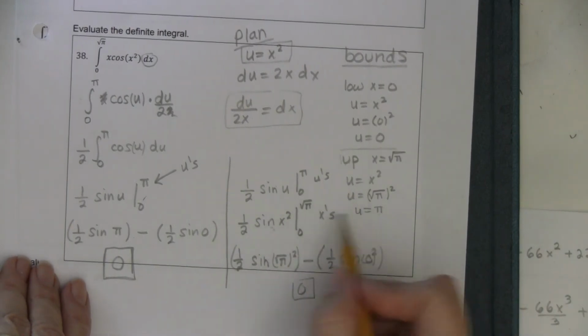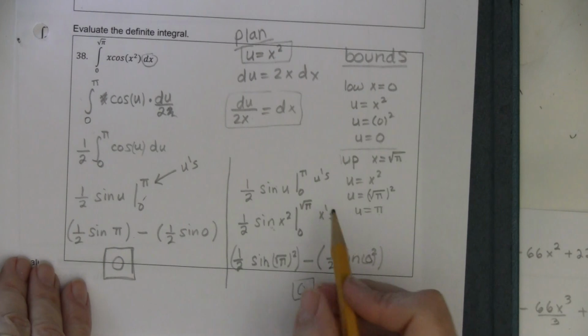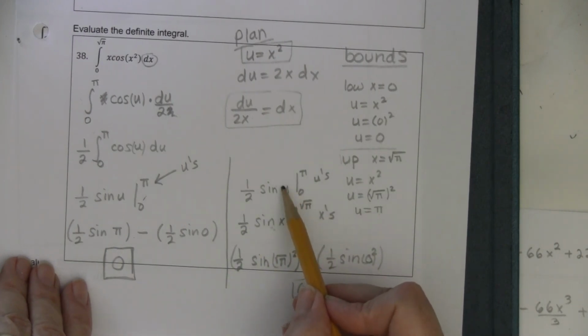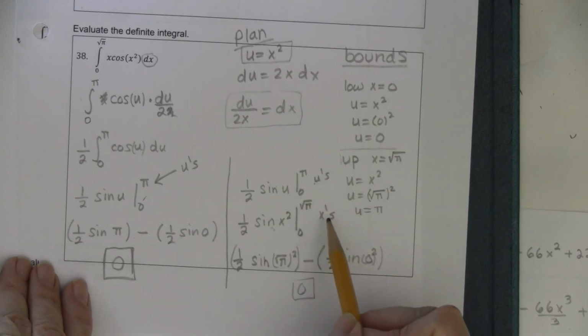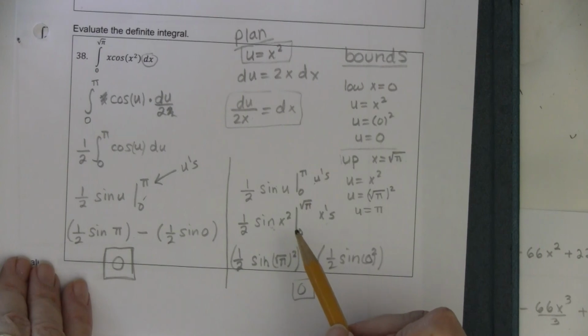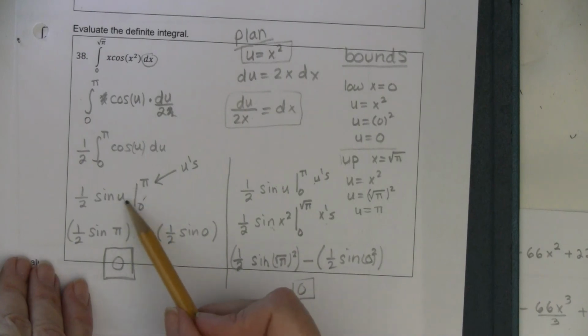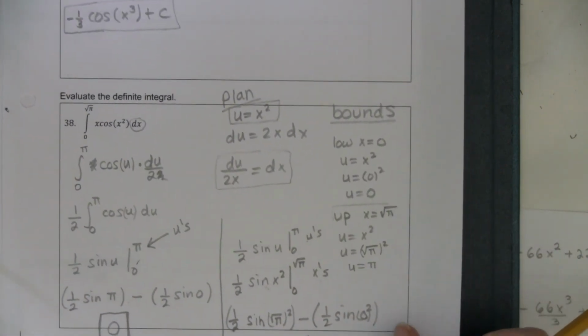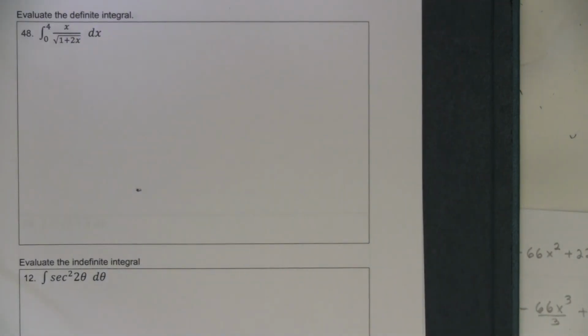This is how it would look if you did go from here, which was in terms of u's, back to x's. And it actually makes it more complicated to go back to the x's. Do you notice that I had to do this arithmetic, the square root of pi squared, in order to go back to x's? It's actually simpler to stay with u's and just go to the end with u's. And so anyway, that's the story there.